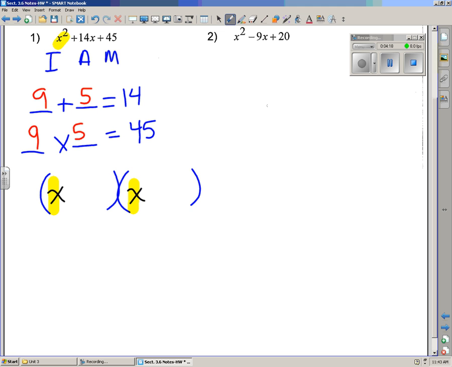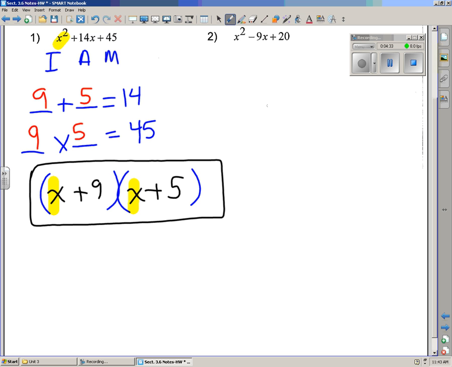What gets filled in the last part of the parentheses are those two numbers that you found to work: one of them was a positive 9, the other a positive 5. That order does not matter. So the factored form of the original trinomial is this particular product of binomials. In order to check that your answer is correct, all you do is FOIL back. So you can check your answer by FOIL.